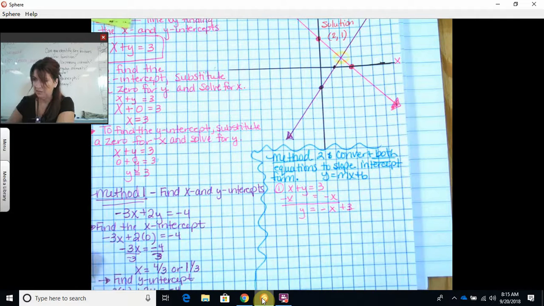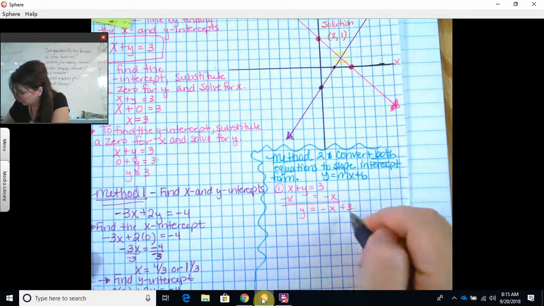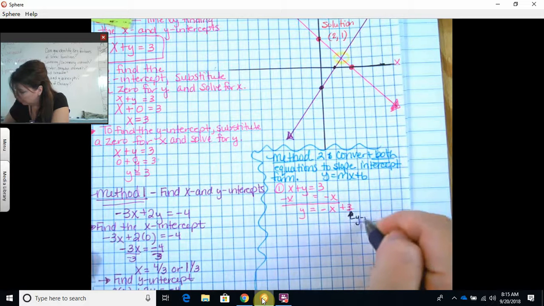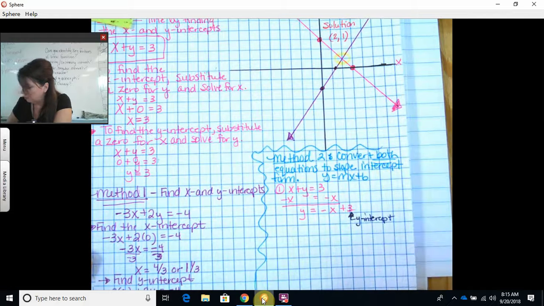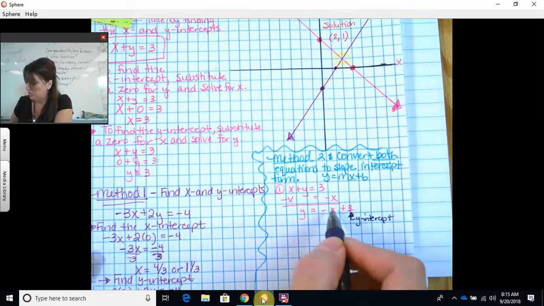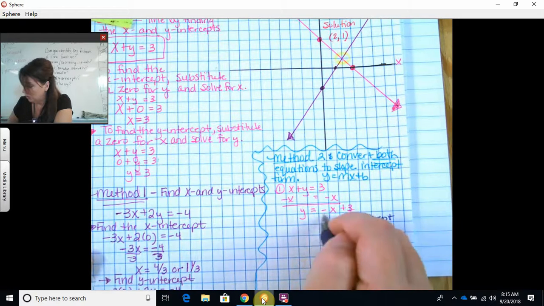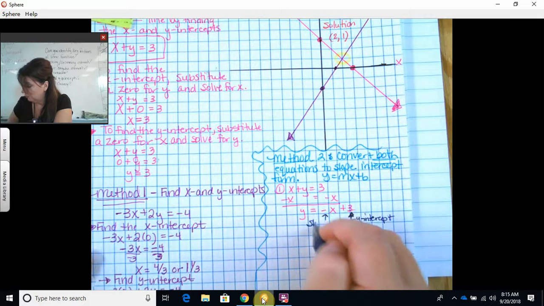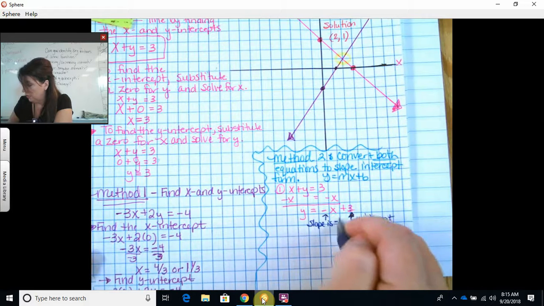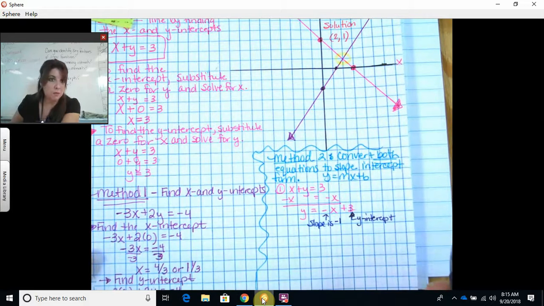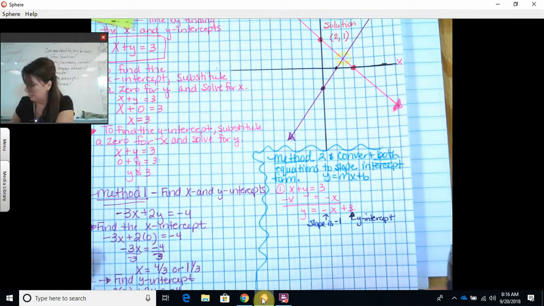It's the y-intercept. What is our slope? Negative 1 or negative 1 over 1. It's not x. It's just that coefficient of x, right? It's the same as the rate of change. So your slope is negative 1 in this case, or negative 1 over 1. Rise is 1, run is 1, make sure it's negative.